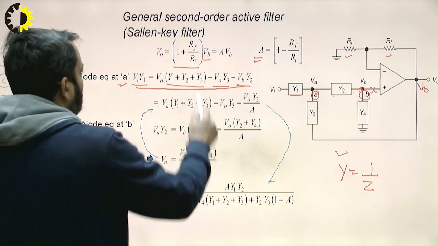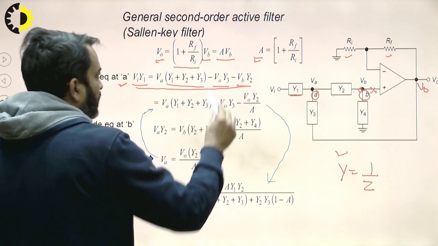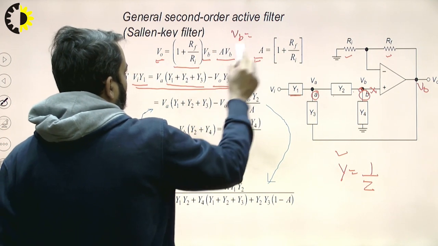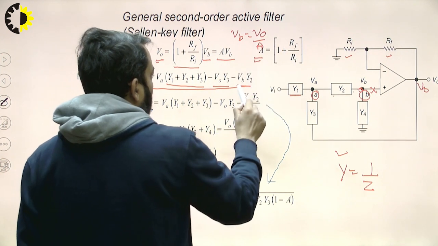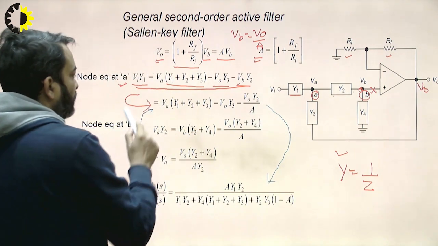And here we know that V0 is equal to A VB. So VB can be written as V0 by A. So putting VB equal to V0 by A, we will get this modified equation.